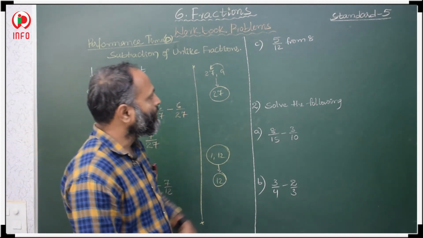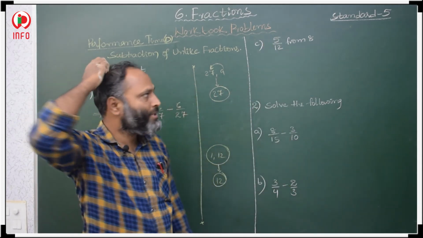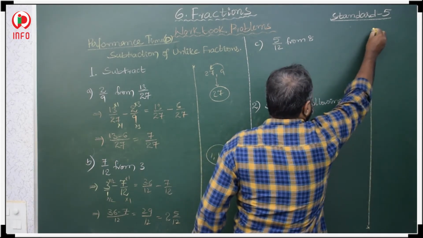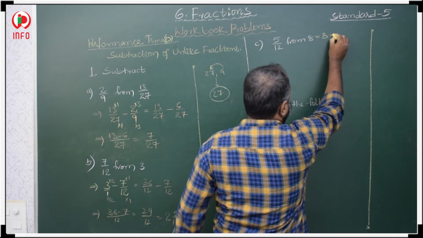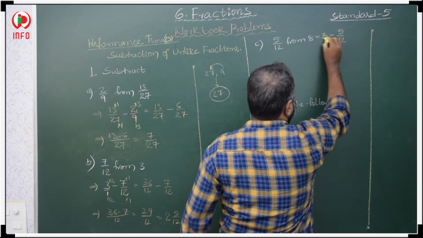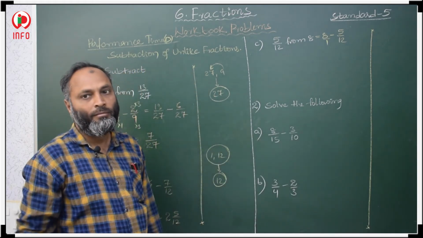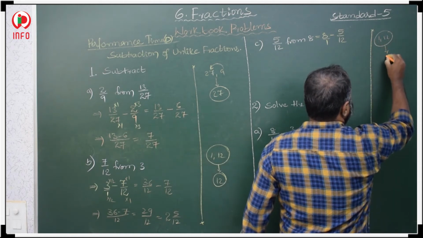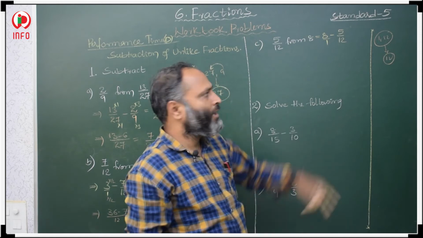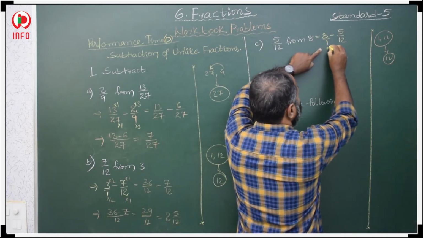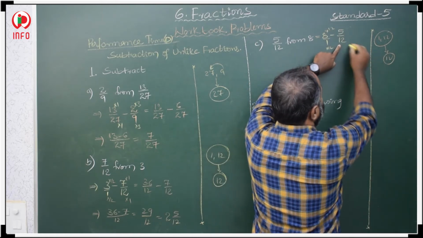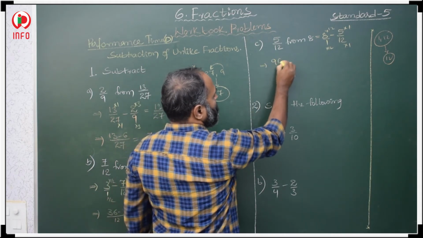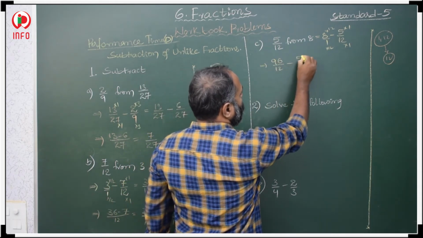Now 5 by 12 from 8. From 8 means from the number, first we have to take it in the rough column, then from the number we have to take 8 minus 5 by 12, 8 by 1. Then the LCM of 1 and 12 is 12, the same. In the 1 table, when will you get 12? 1 12s are 12. In the 12 table, when will you get 12? 1s are. 12 8s are 96 by 12, minus 5 1s are 5 by 12 1s are 12.